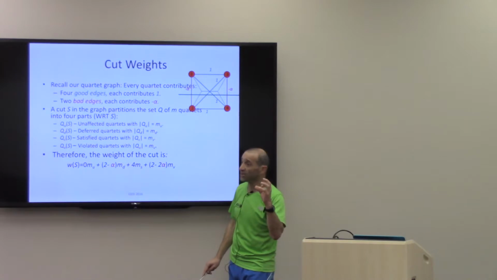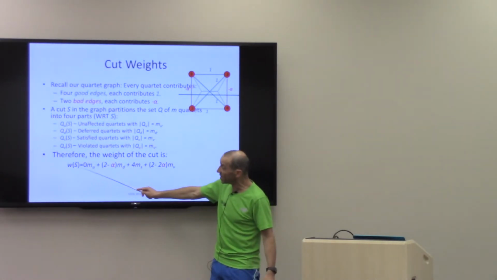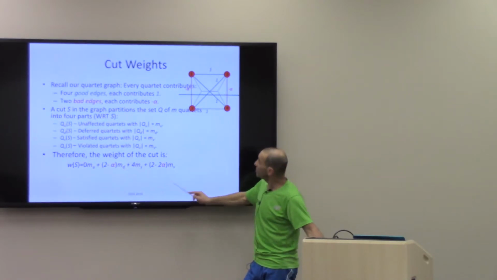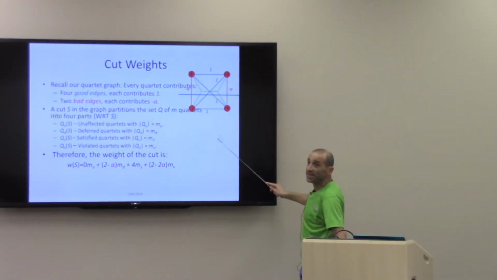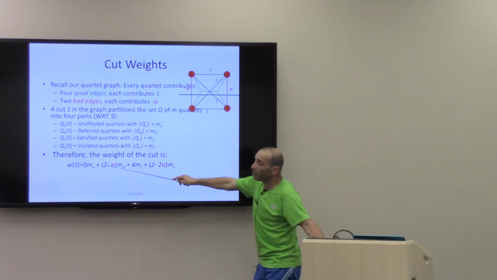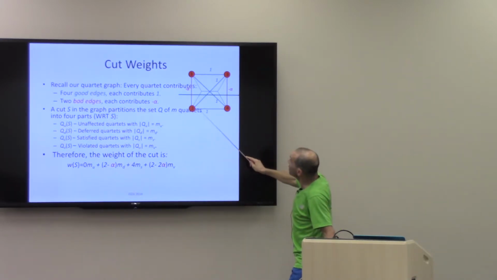The deferred ones contribute exactly 2 minus alpha: two good edges are cut, minus one bad edge.